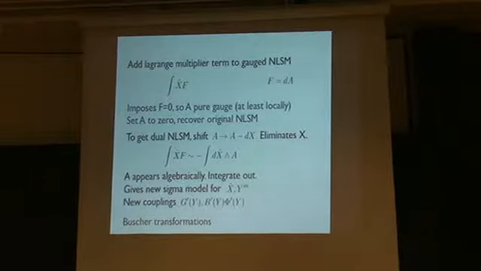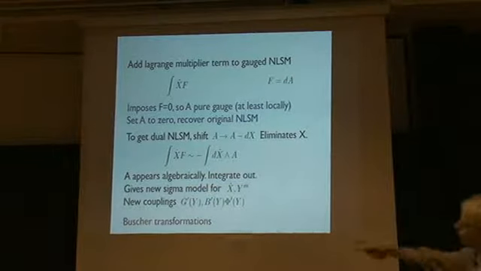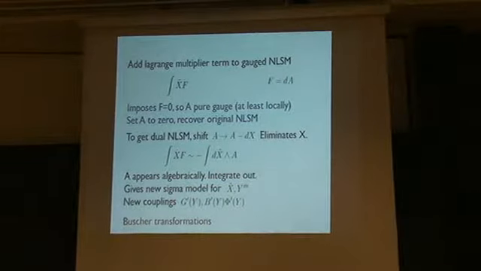So it's a simple calculation to work out what happens by integrating these out. And the transformation from the original metric, B field and dilaton to these new ones is what is known as the Buscher transformations, and I'll give them explicitly shortly.